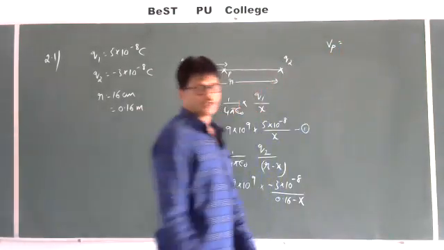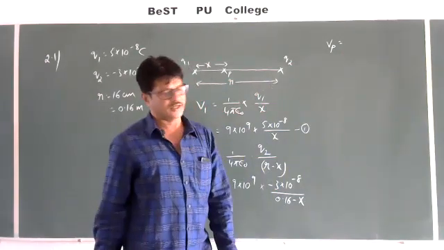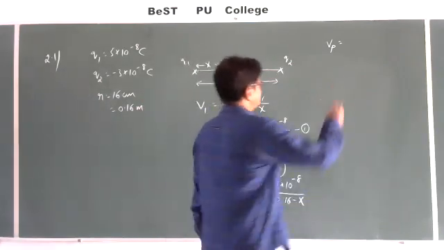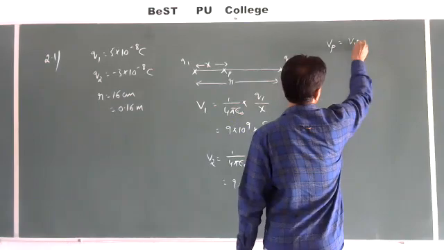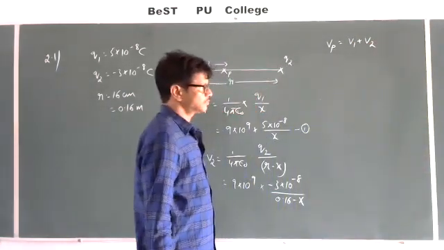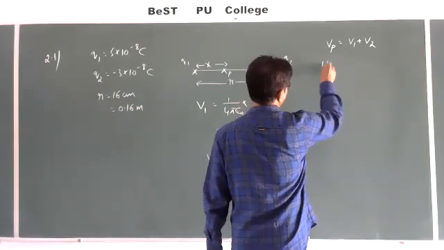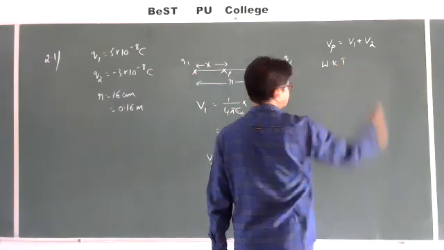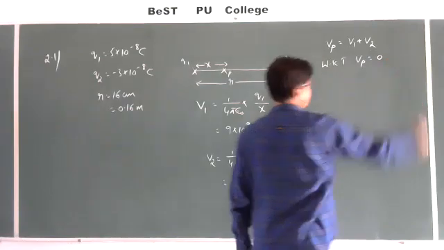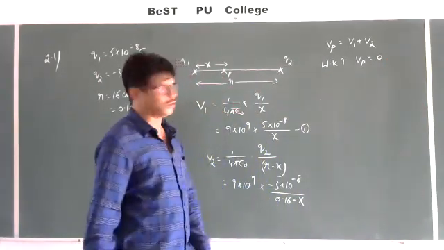The total potential at P. Since the potential is a scalar quantity, directly by adding V1 and V2, we'll get the total potential. We know that potential at P is 0.